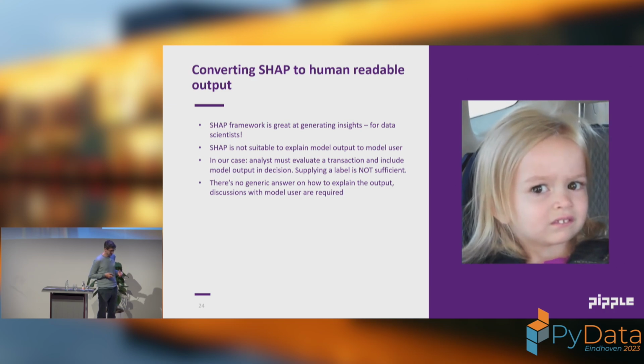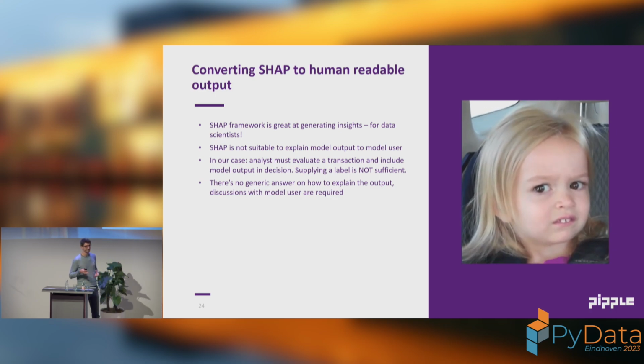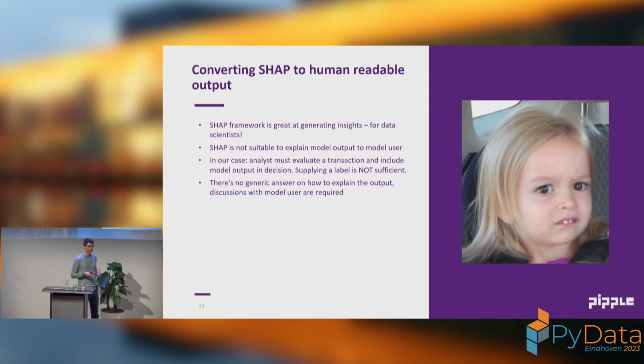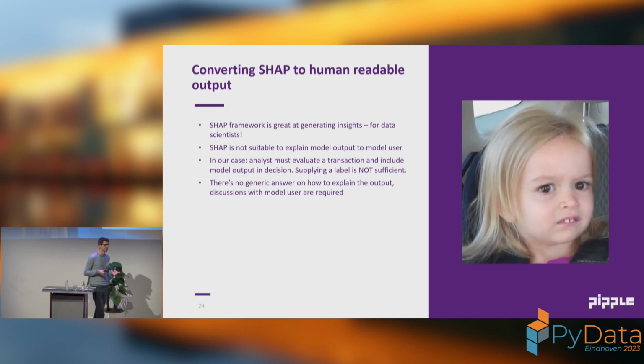And to explain the model to the end user, we need something somewhat different. In our case, there's really an analyst, a person somewhere. He gets a model output. He has to use this in his evaluation, and only a score or a rating is not enough. So he has to know, why did this model come to a certain prediction?